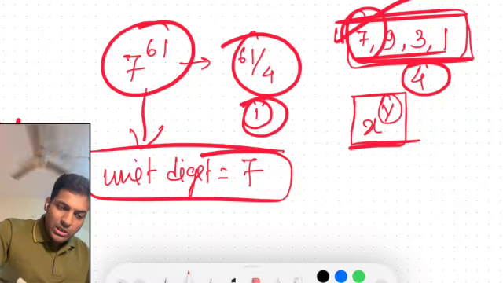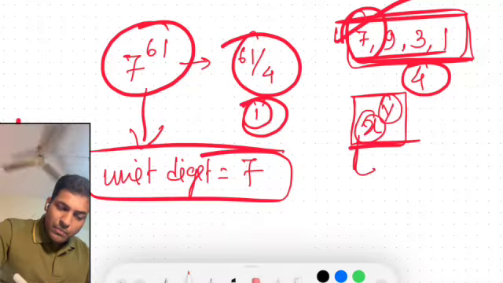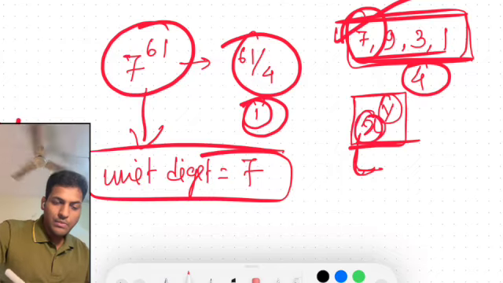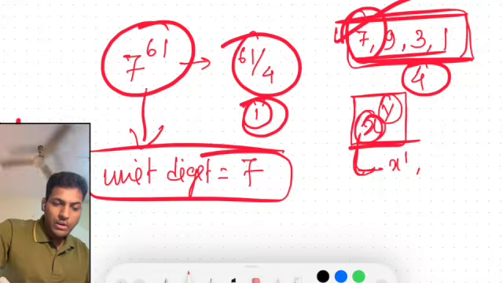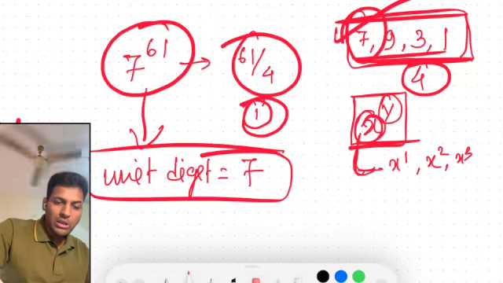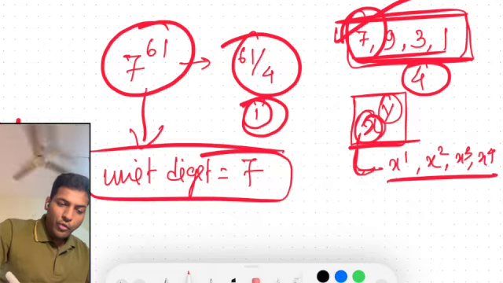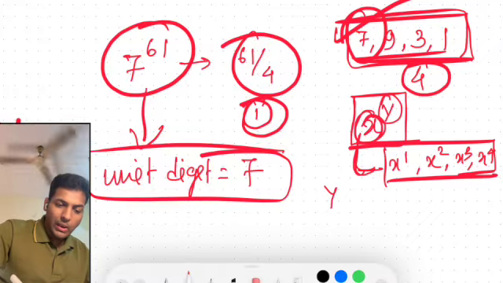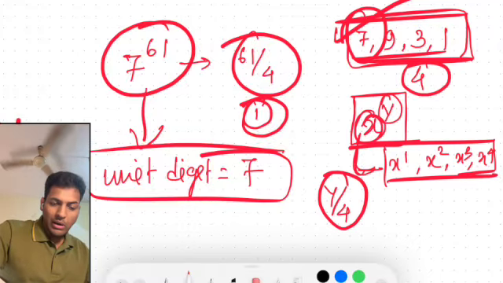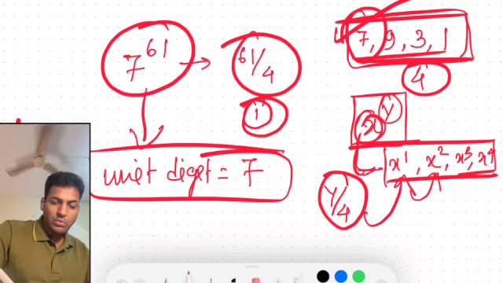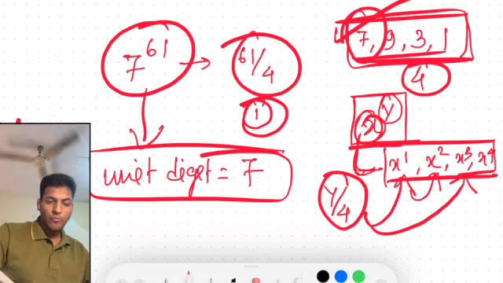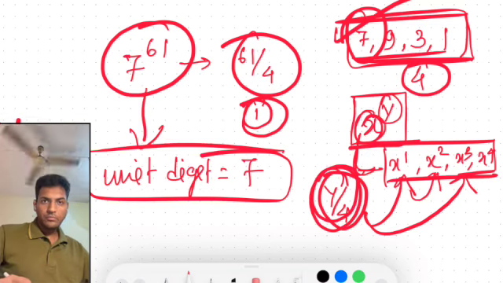You first try to find the unit digit repetition of x: x to the power 1, x to the power 2, x to the power 3, x to the power 4. Now if you have found these units, you divide y by 4. Suppose the remainder is 2, you choose this one. Remainder is 1, you choose this one. Remainder is 3, you choose this one. Very simple. Have you got it?